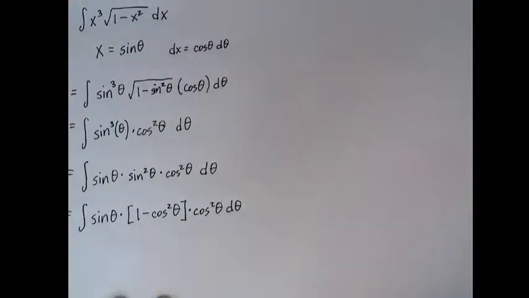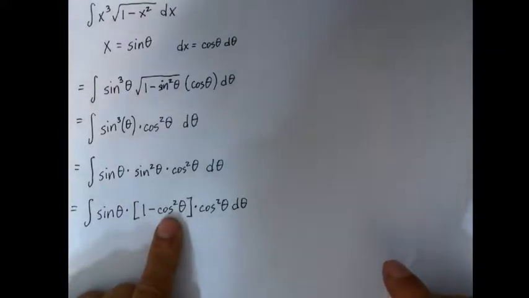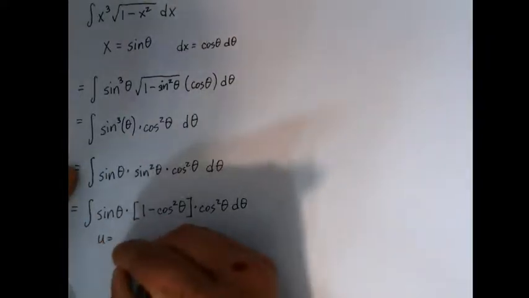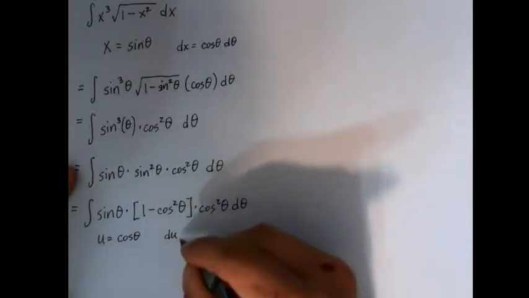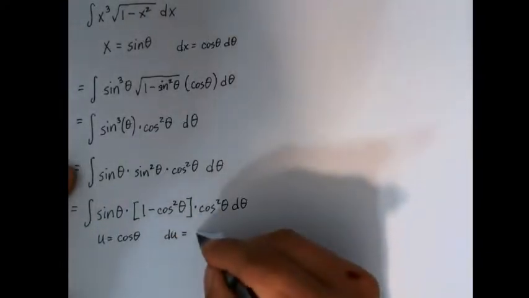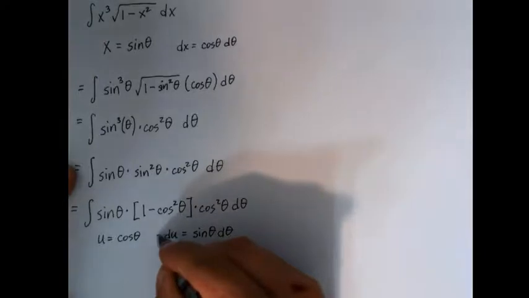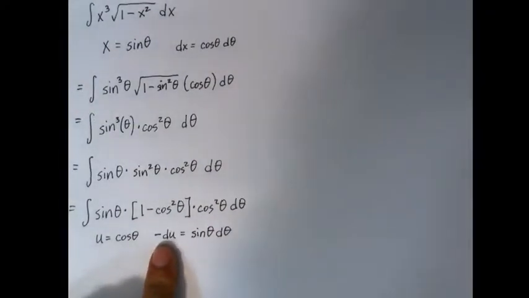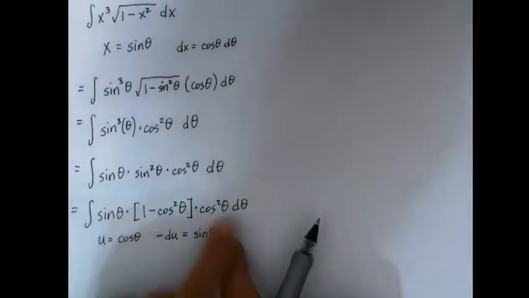Okay, now what? Well, now it's just a u substitution, because if I let u be cosine theta, then du is sine theta d theta, but it's actually minus, and I'm going to put the minus over here, because the derivative of cosine is minus sine, and I'm trying to substitute sine theta d theta.